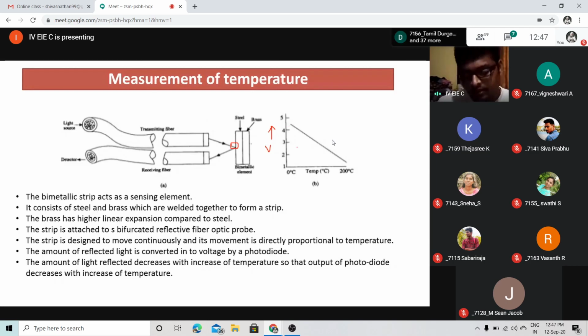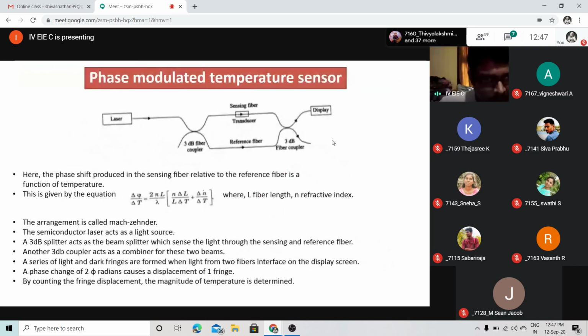Okay. Yes. Now, about the phase modulator sensor. This is also already discussed. We have a 3 dB fiber coupler and we split the beam. We send one through a reference fiber where no temperature is going to affect it. Here a temperature change will affect it, and this creates a change in my light intensity, or a change in the refractive index pattern, and that refractive index change will accompany what? A change in the light traveling parameter.